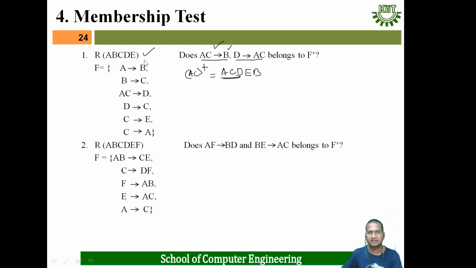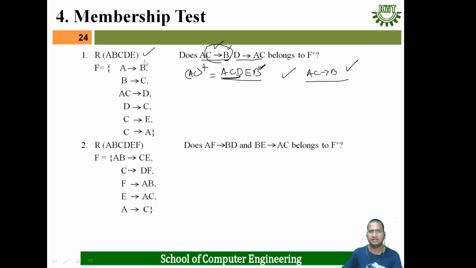C is present, that means A, B, C, D, E, all the attributes are derived. That means AC closure contains B, the right hand side part is present here. That means the right hand side part is a subset of AC closure. That means we can say this belongs to your F closure. That means AC determining B is a member of F closure.